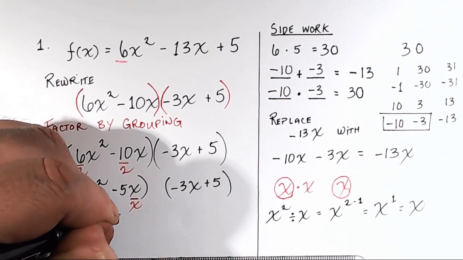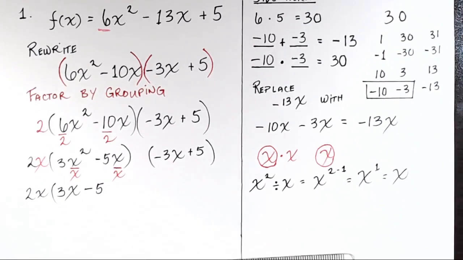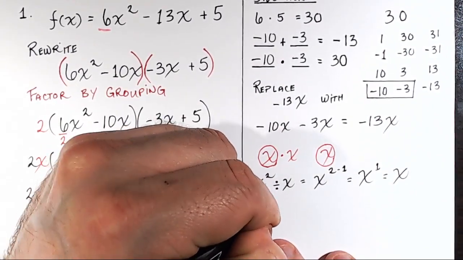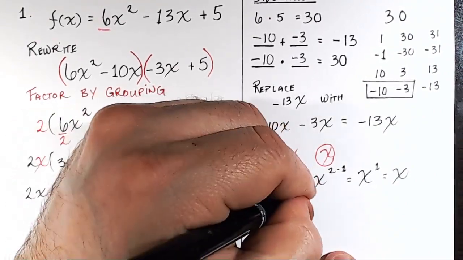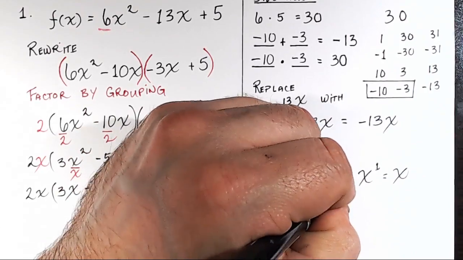Minus 5, and now I have x divided by x. Well, if you're not sure what that is, you could say x divided by x equals x to the 1 minus 1.